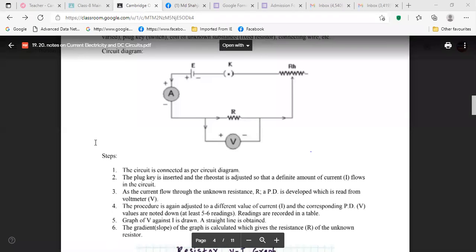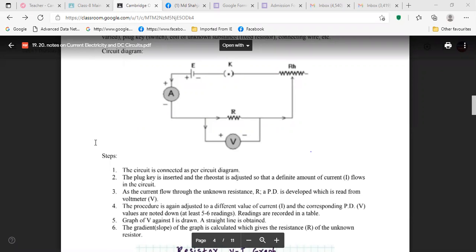So rheostat, very good question. Mahi Khan, you might have another name, right? Do you have any nickname? Yes, sir. Abdullah. Okay. So, like that, rheostat is the variable resistor's nickname.